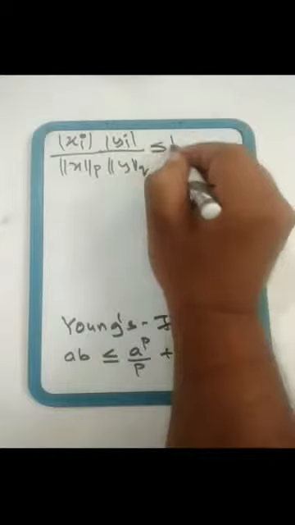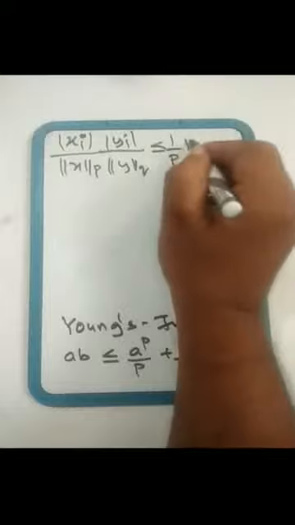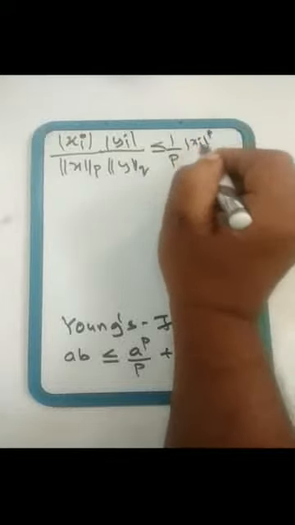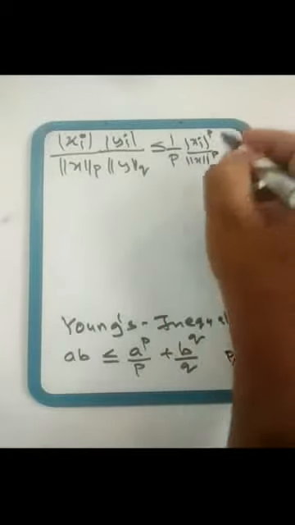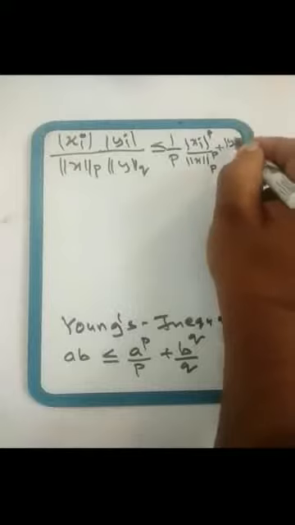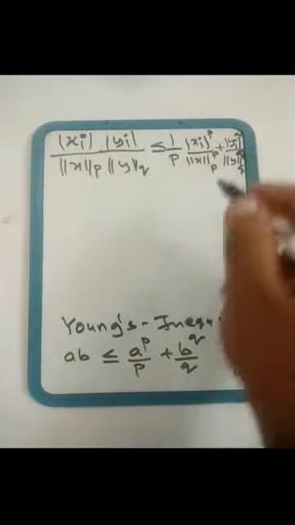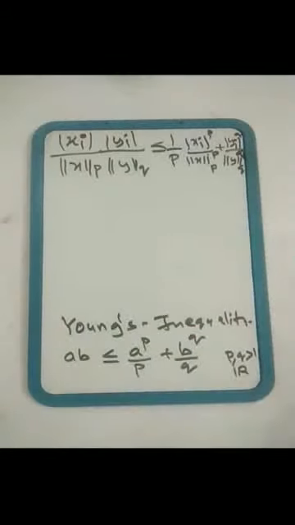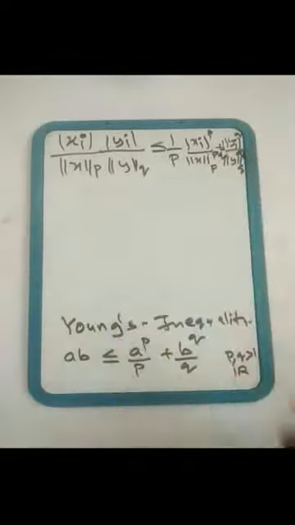This is less than or equal to 1 by p times mod of xi raised to p upon the pth norm of x, its pth power, plus mod of yi raised to q upon the qth norm of y, its qth power. So the qth norm to the qth power. Here it is 1 by q multiplied. Okay. If it is happening, let's write it properly.